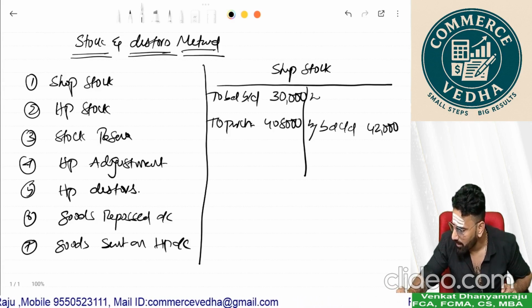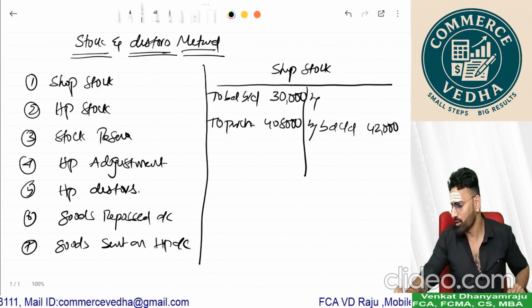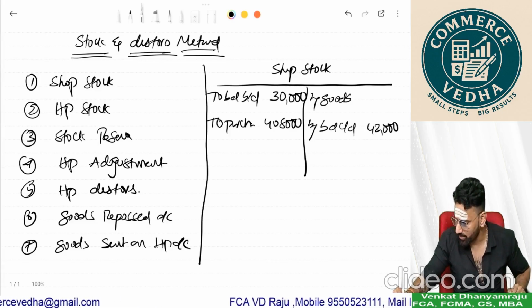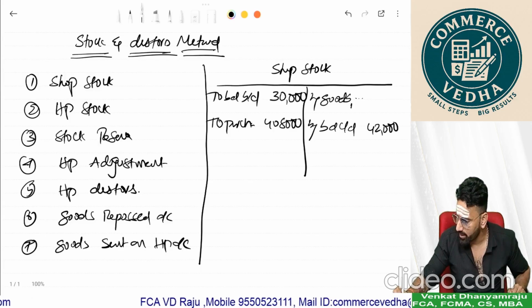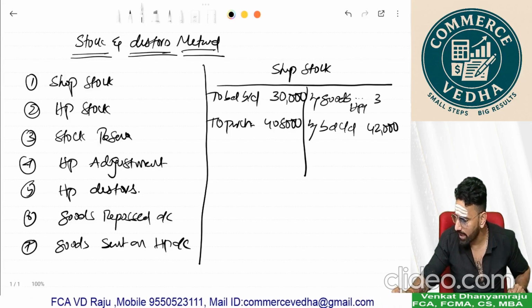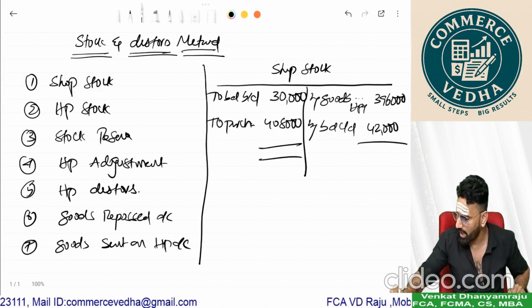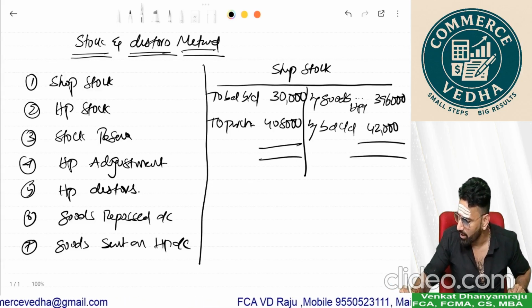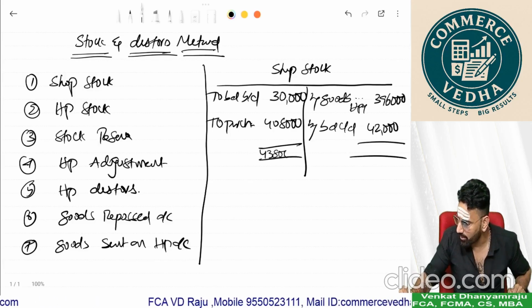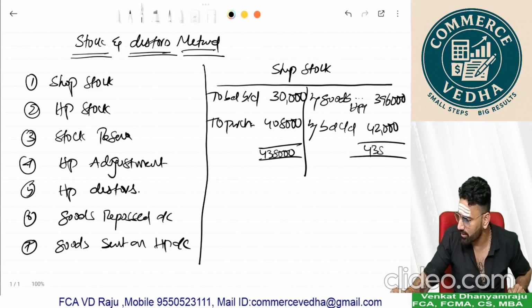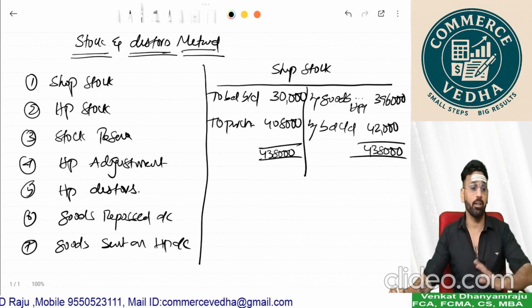And by goods sent on hire purchase account 3,96,000. So this is the shop stock account, exactly like the previous one, which is 4,38,000. No change in this account in both the methods.